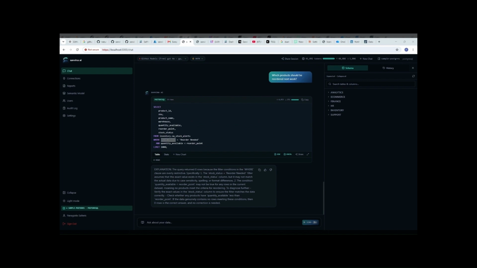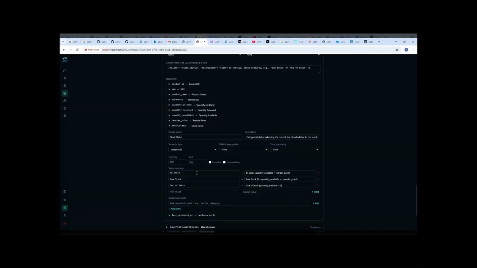Maybe some fixing at the semantic model is needed right now for the stock status value. So let's go and check here. Okay, these are wrong value mappings. So let's change to the correct one. Out of stock. This is the actual value that exists there. Also for low stock and for in stock.